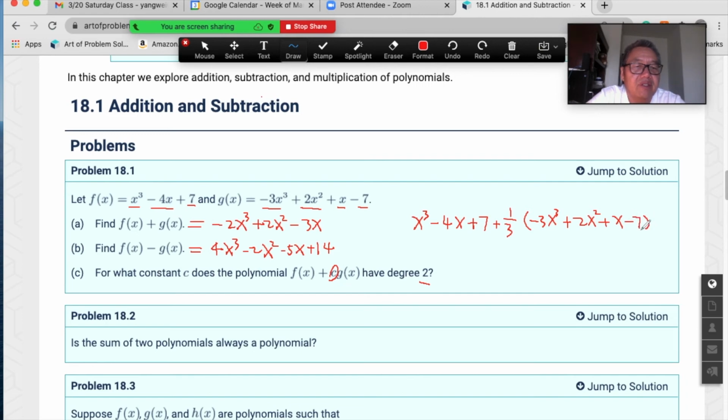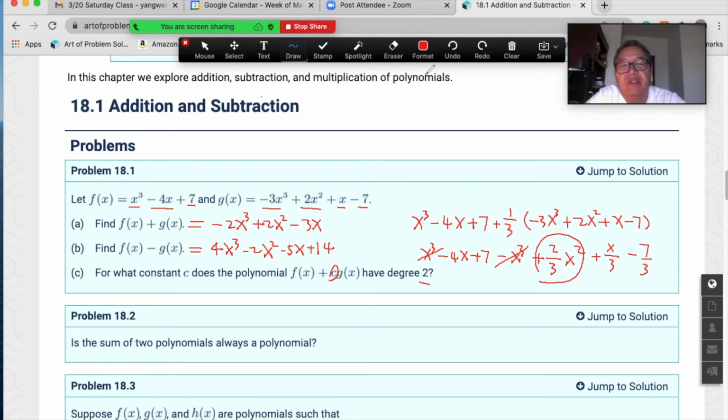So you do this: x to the power 3 minus 4x plus 7, then minus x to the power 3, then plus 2/3 of x squared, then plus x over 3, then minus 7 over 3. The x to the power 3 will cancel out, then the leading term will be this one, so they'll have degree 2.